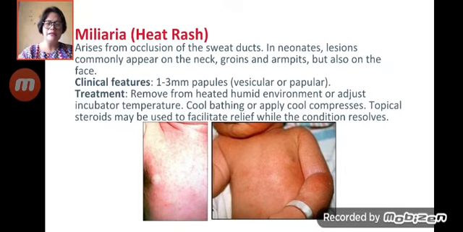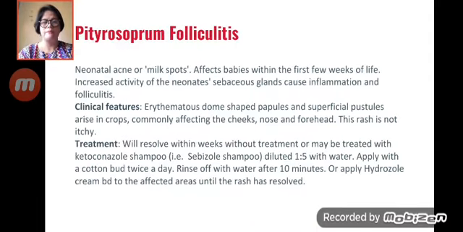If you see this kind of rash on the newborn, do some documentation and refer it immediately to the pediatrician. Another thing is cool bathing, or applying cold compresses on the affected part. And topical steroids may also be used to facilitate relief while the condition resolves.